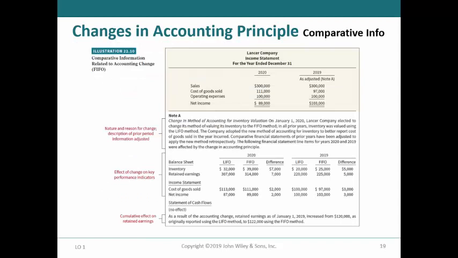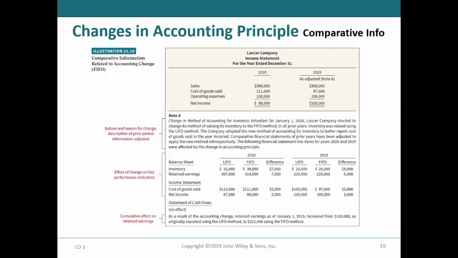This slide shows the disclosure that would be reported in the notes of Lancer Company, including the reason why management chose to change the inventory method from LIFO to FIFO, and the effects on the balance sheet to inventory and retained earnings, and on the income statement for cost of goods sold and net income for 2019 and 2020.